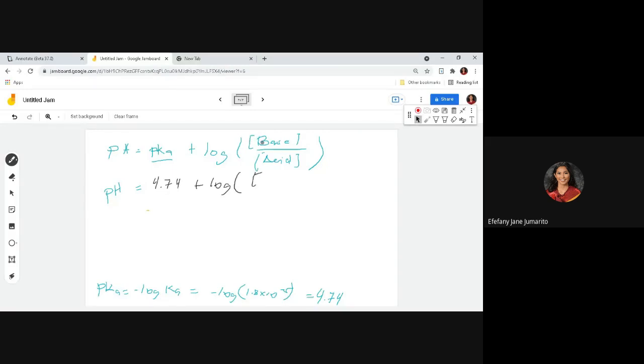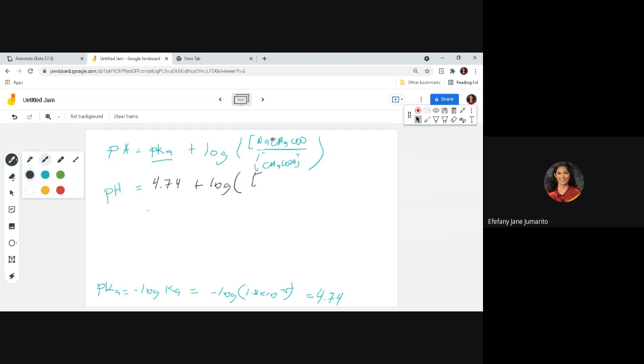Next time, we will write the conjugate base. We have sodium CH3COO, then also the acid is CH3COOH.